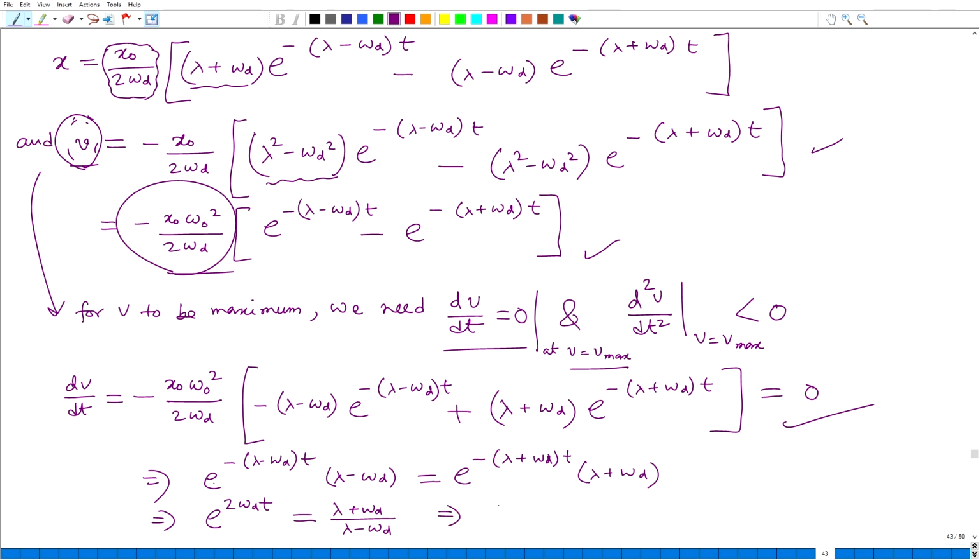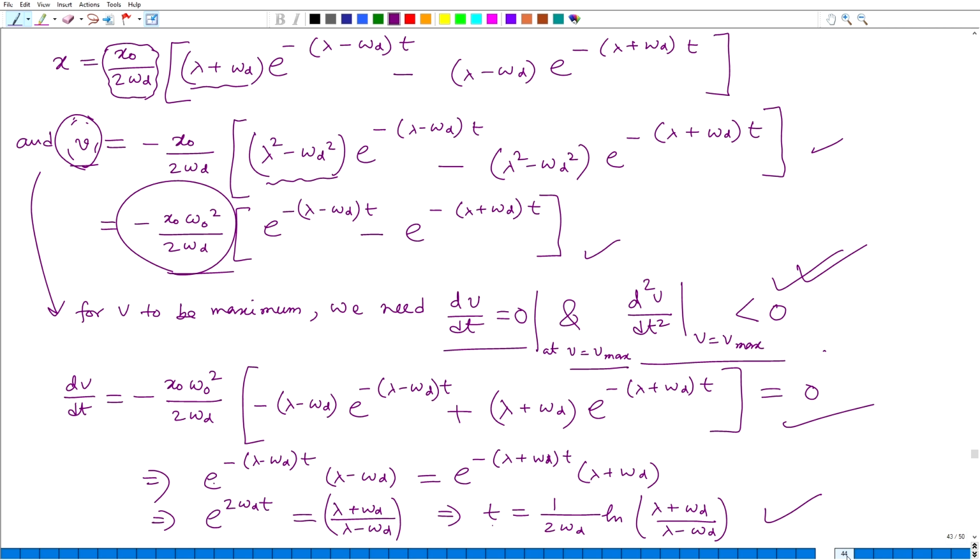And then finally, you just take the natural logarithm of both sides. So, 2 omega d t will be log of this expression. So, t will be 1 by 2 omega d log of this expression. Okay. And now, of course, if you check for this t, d2V/dt2, you can show that this is also less than 0, and that is something I want to leave for you as an exercise.